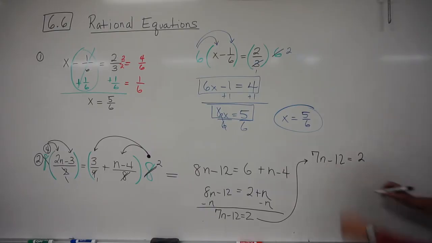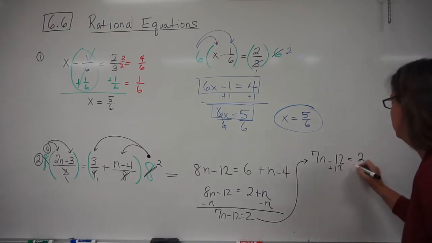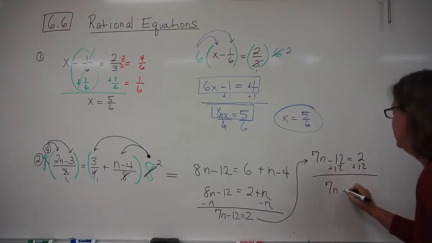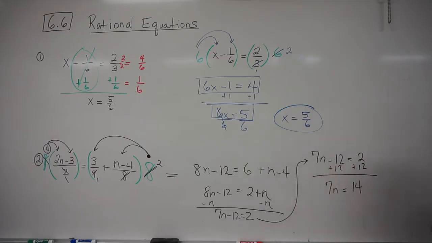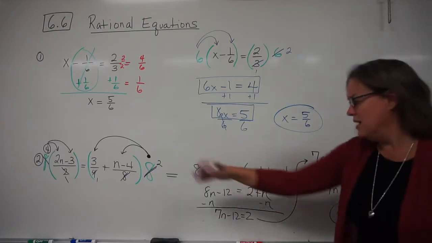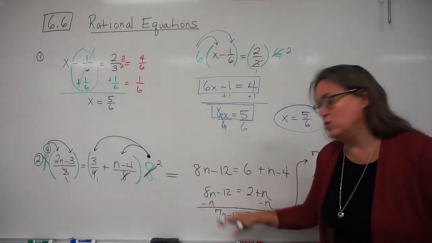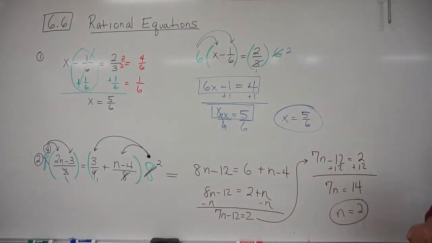So let's add the 12 to both sides. We find that 7n is equal to 14. And then dividing both sides by 7, we get that n is equal to 2. And there's our answer. So this is kind of long, and it took a few steps. But after the first step, you no longer had any fractions involved at all.